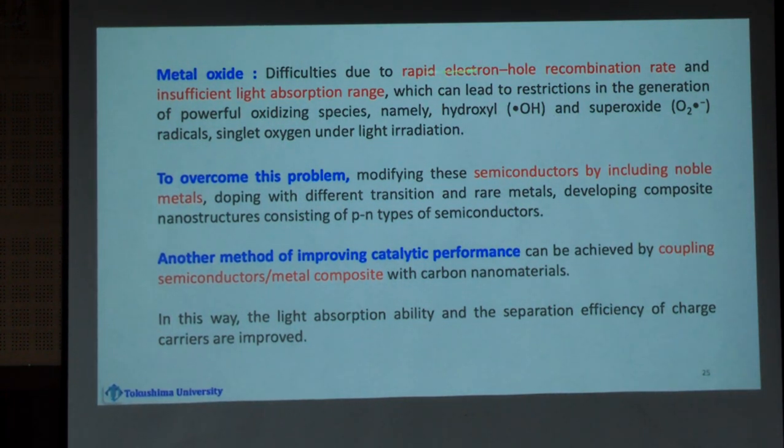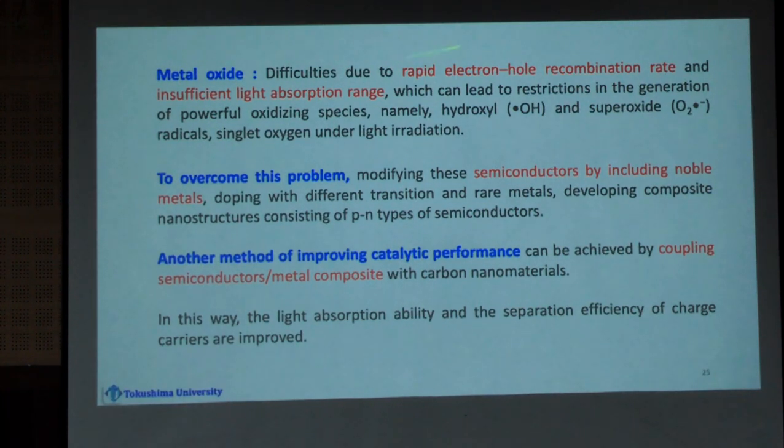So that's why, due to the rapid electron hole recombination rate and insufficient light absorption range, some metal oxide is not enough for photocatalysis. To overcome this problem, as I explained in the last slide, metal can be added to lower this electron hole recombination, or certain kind of doping with rare metal or iron metal can be added, and then you can create the nanostructure which consists of P-N type of semiconductor.